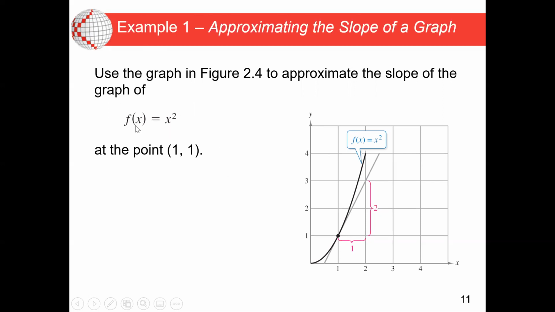So an example is given here. We should use the graph to approximate the slope of the graph of f(x) = x squared at the point (1, 1). So first of all, we plot our graph, f(x) = x squared. Then we get our point on the graph where x is 1, y is 1. That's where we are looking for the slope. So here we draw our tangent line, and then we find the slope. Using the graph, you can see that when x increases once, y will increase twice.